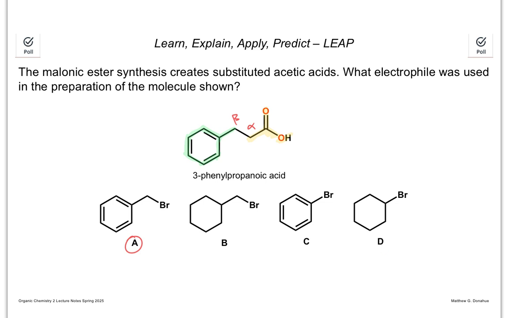But as I said, see that carbon bearing the bromine? That's sp2. So can't. Those types of carbons do not undergo SN2 reactions.